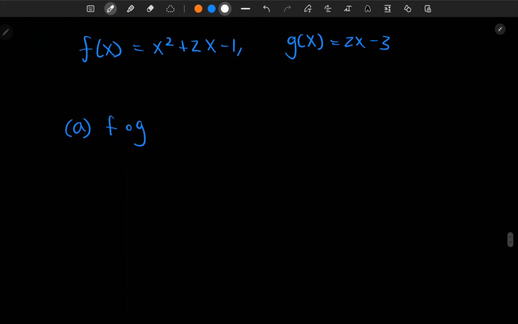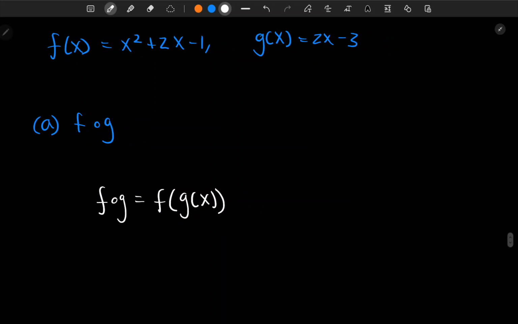Well, the way that you would want to write this out is that f composed with g is really just f of g of x. So we know what g of x is, and it's given by 2x minus 3. So everywhere we see an x in f of x, we put 2x minus 3.